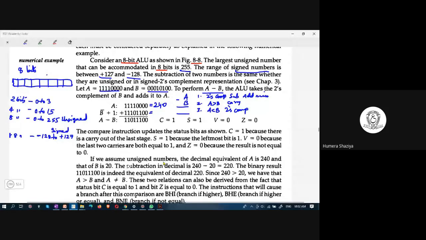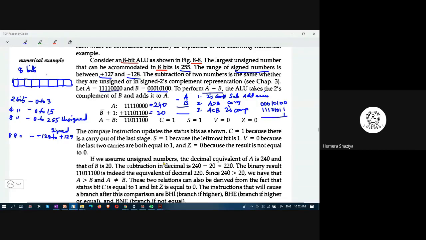And what is B here? 1, 2, 4, 8, 16. 16 plus 4, 20. You have to perform subtraction. To perform subtraction, you obtain the 2's complement of 20, which is 0 0 0 1 0 1 0 0. 1's complement is 1 1 1 0 1 0 1 1.